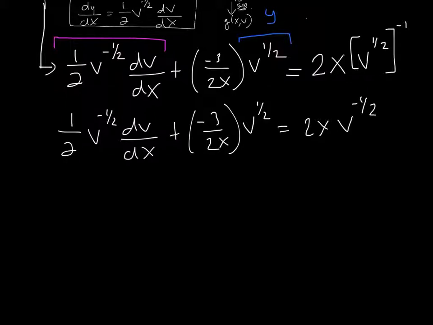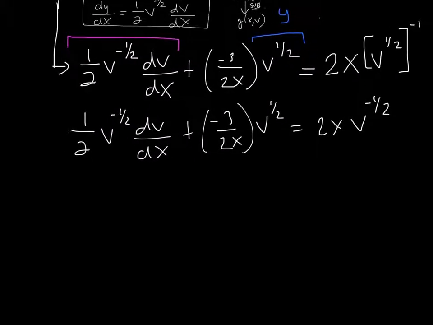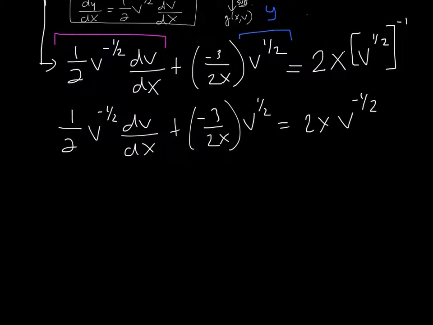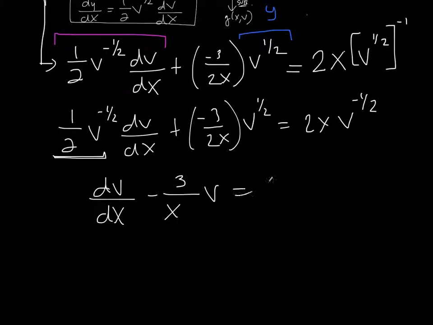That's why in the book they multiplied both sides by 2v to the 1/2, because we're going to get a nice 1 here. So after multiplying by 2v to the 1/2, we produce dv/dx minus 3 over x times v equals 4x.